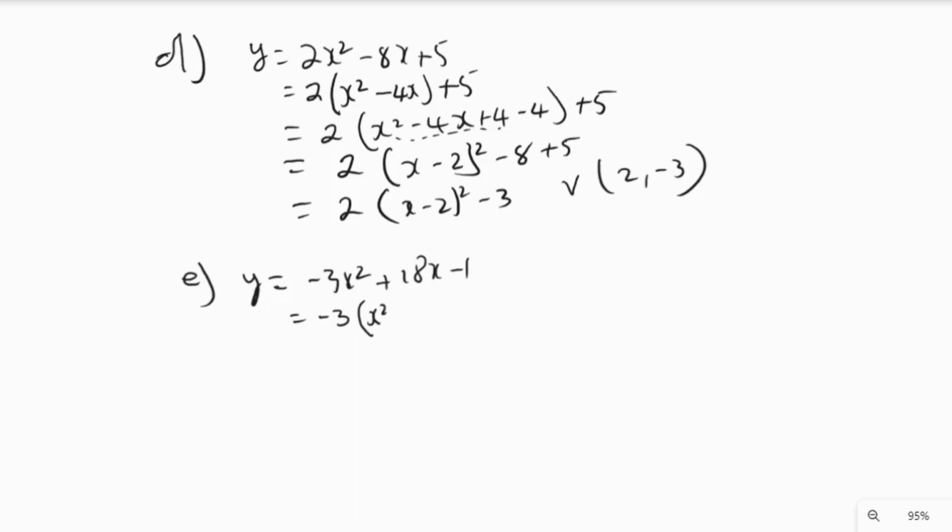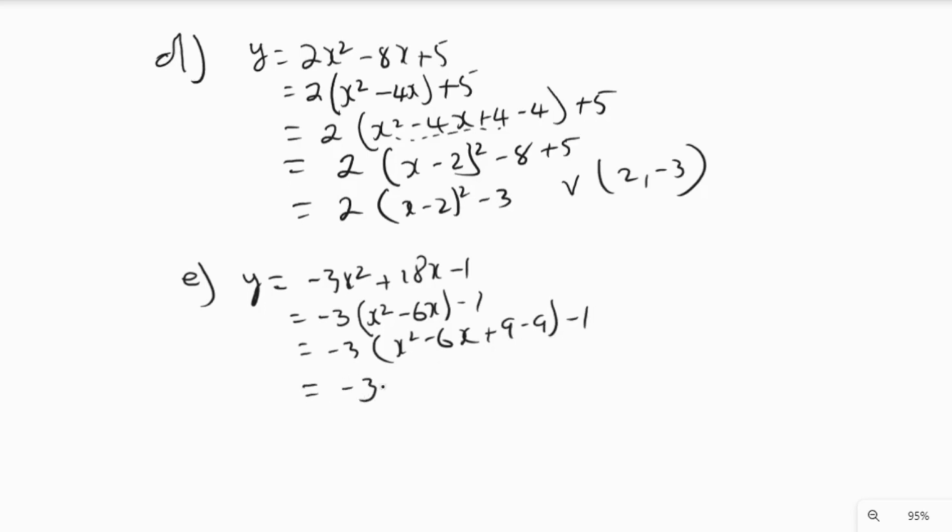Positive 1x squared. Remember, our condition is the coefficient of x squared must be positive 1. 18 divided by negative 3 is negative 6x, minus 1. So negative 3 (x squared minus 6x. Half of 6 is 3. 3 squared is 9 minus 9) minus 1.